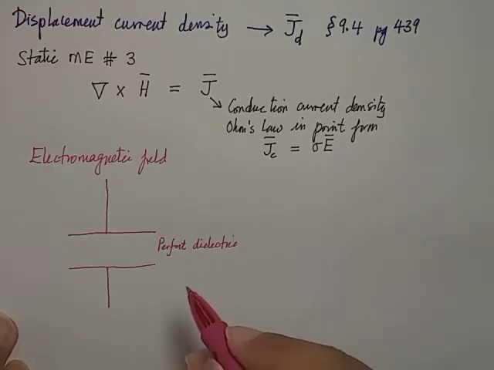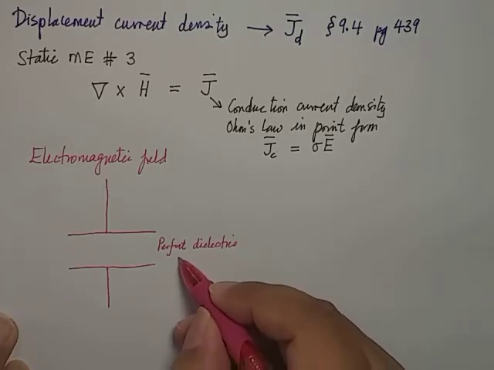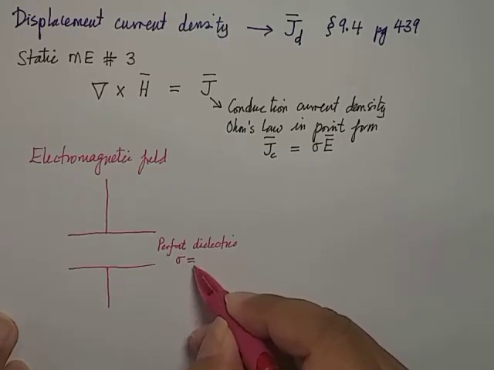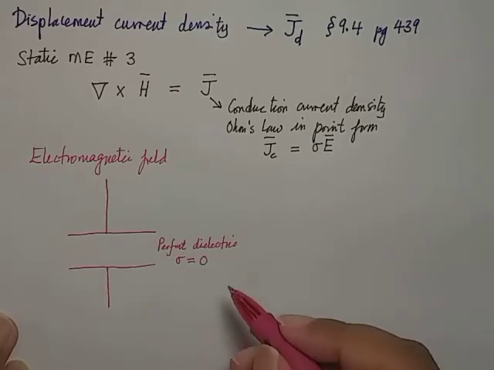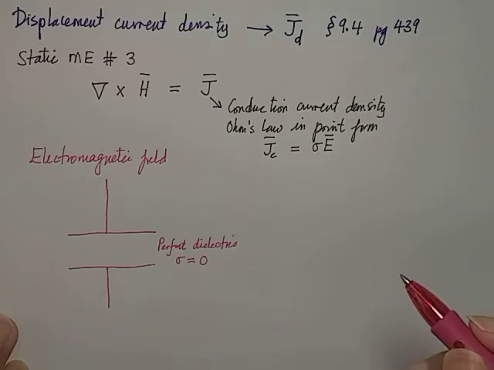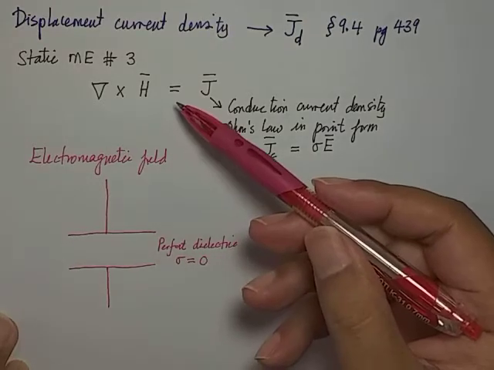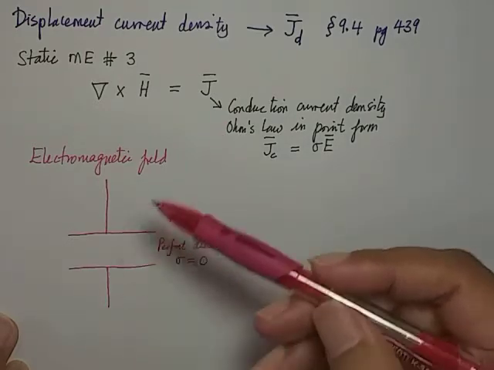What we mean by perfect dielectric is that sigma will be equal to 0, because we always state dielectric material is an insulator. It will not allow conduction current to flow through it. Therefore, the sigma value must be equal to 0. Okay, so now we're going to test this structure based on our Maxwell equation number 3.